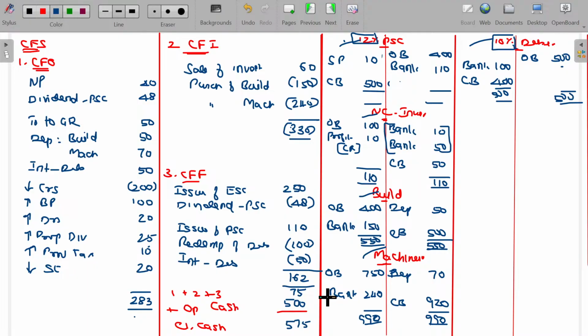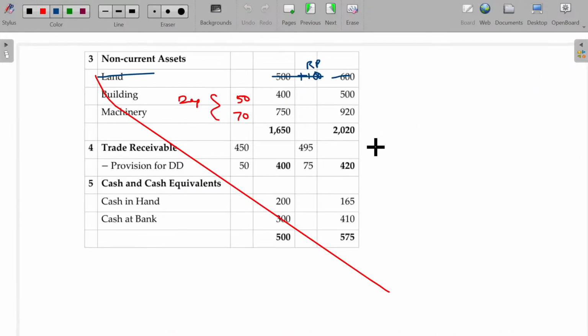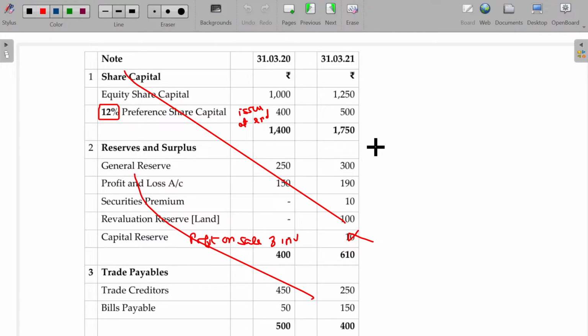You are aware that the number should be 75, right? How much difference are you getting? 40 rupees. Check any round number, anything. Non-current investment profit. I have shown that in the capital reserve account. Mutually cancel.